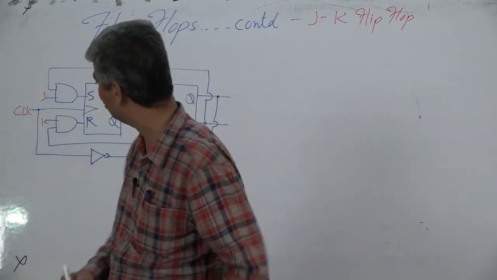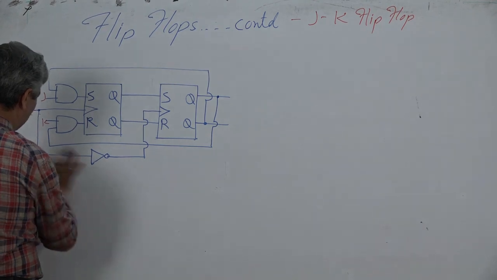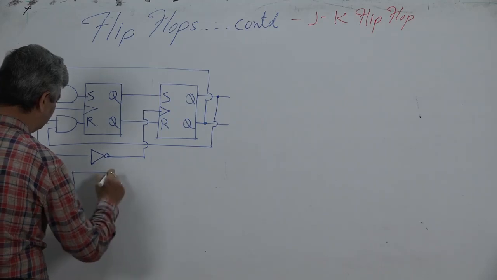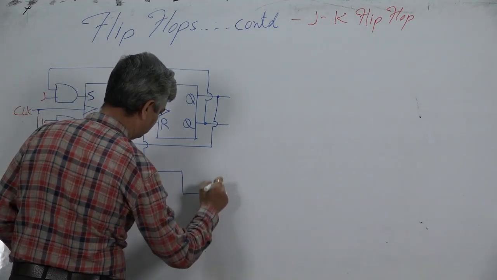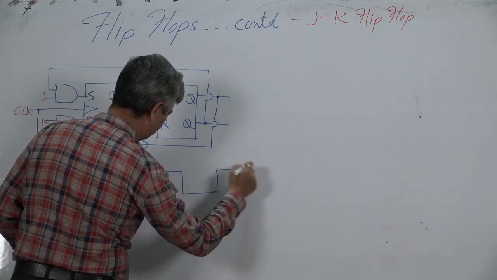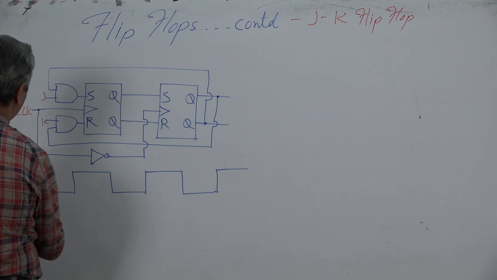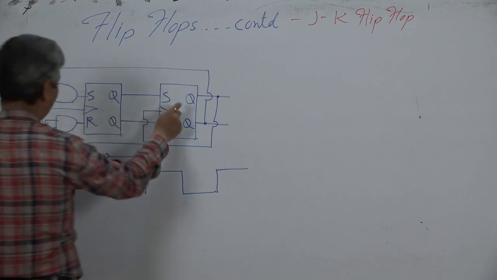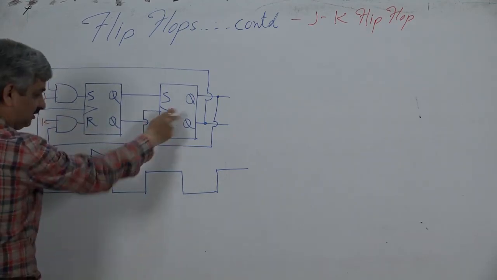So if I draw the clock, then this clock is the clock for this flip-flop, and for this flip-flop it will be the inverted clock, meaning this falling edge will be the rising edge for this.